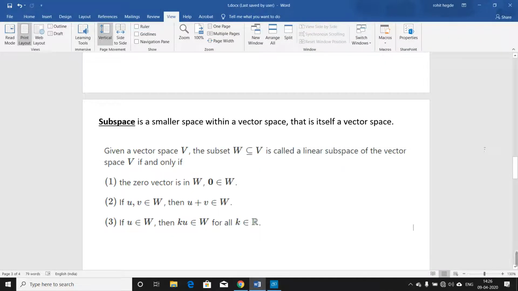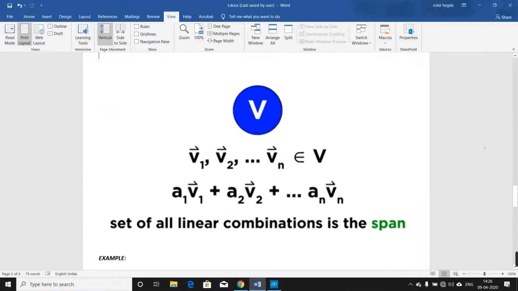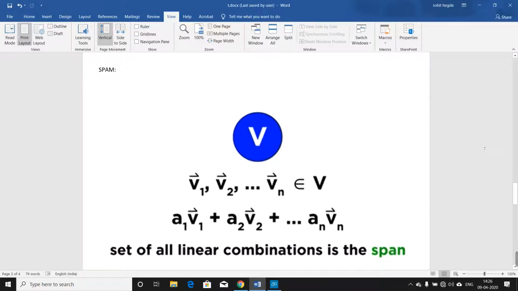Then what is the span? Span of a subspace, what is that? Here you can see this is our vector space. A vector space contains lots of vectors like v1, v2, up to vn, which belong to this vector space.